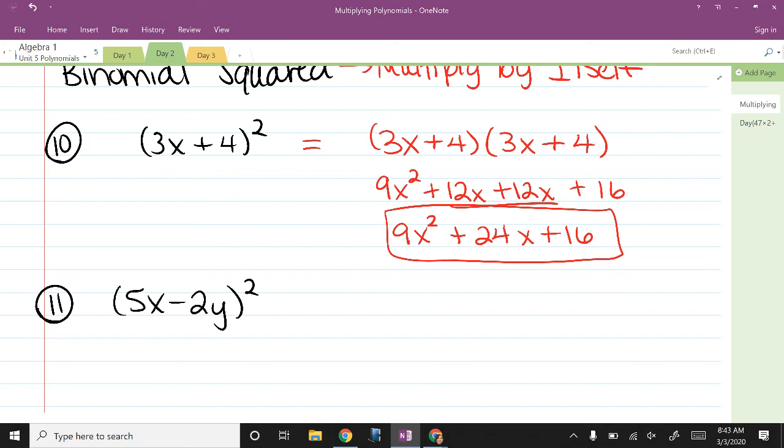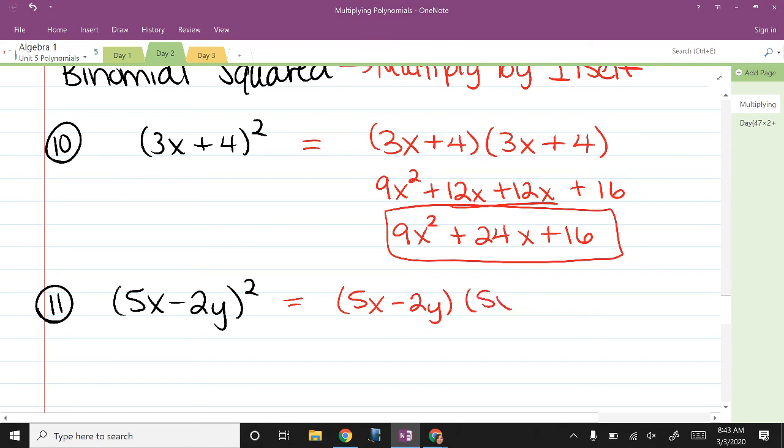All right, so how do we square a binomial? Multiply it by itself. So you take parentheses 5x minus 2y and multiply it times itself. First, outer, inner, last, or repeat distributive, however you want to think of it. What's 5x times 5x? 25x squared.